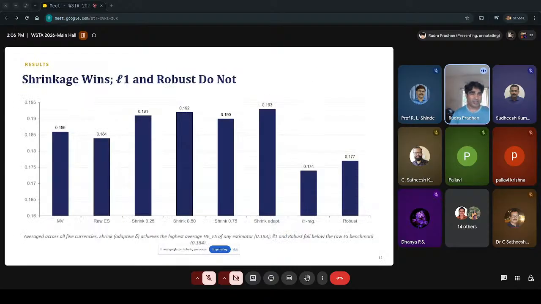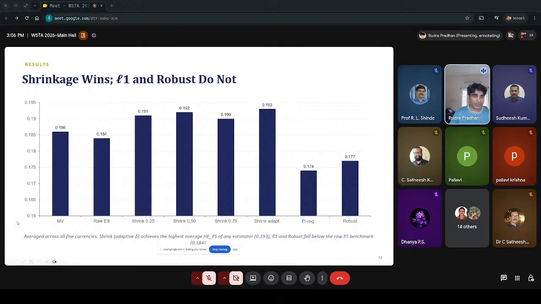Okay. So another way of finding the shrinkage wins is, again, with respect to all these structure simulation cases. So MV, raw ES, and shrinkage zero means it's a first quartile, second quartile, third quartile, something like that. So then we have seen the trend, how it is coming, and it has a different kind of scenario altogether.